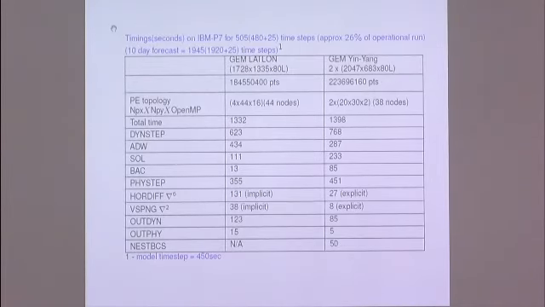Here some timing on IBM P7. Here I will show only 26% of the operational run. Here I include all of the operational, as operational. So we have the GEM lat-lon with this resolution. This is the total number of grid points.